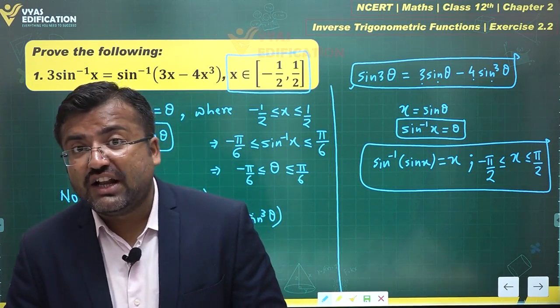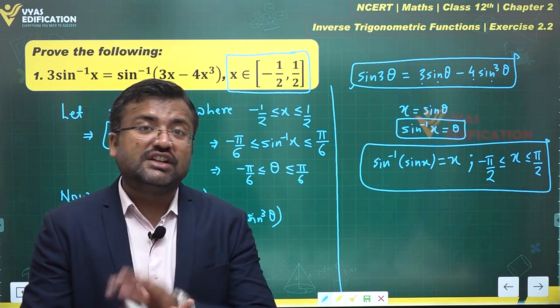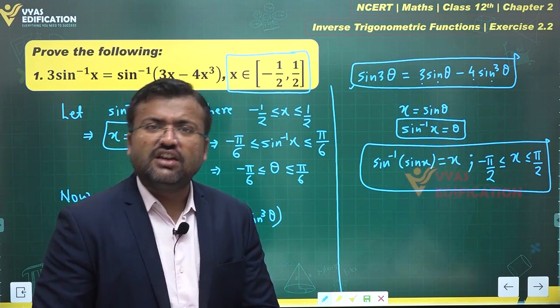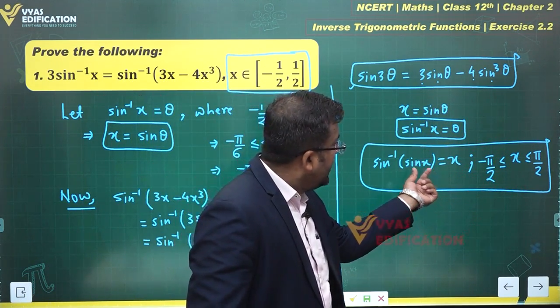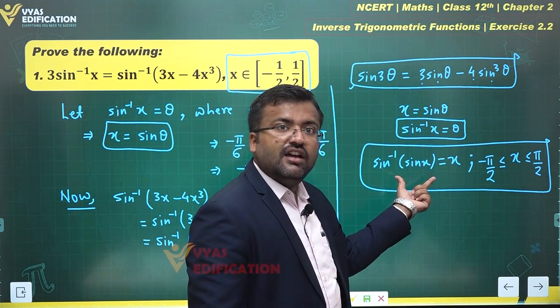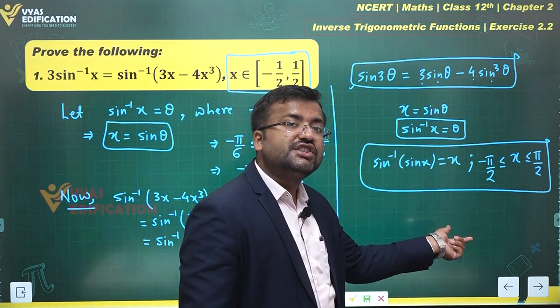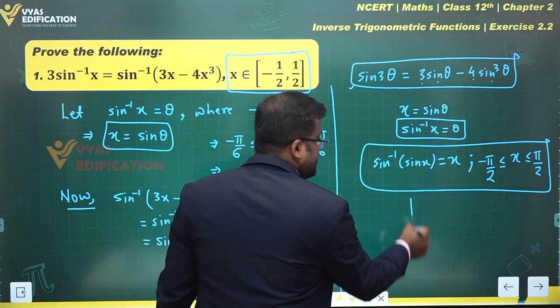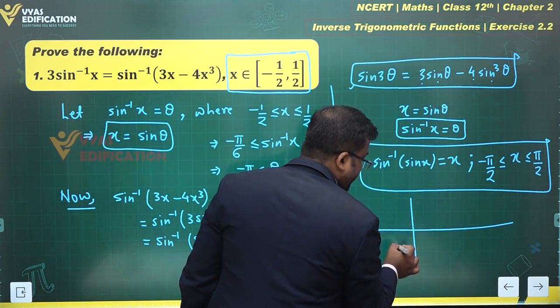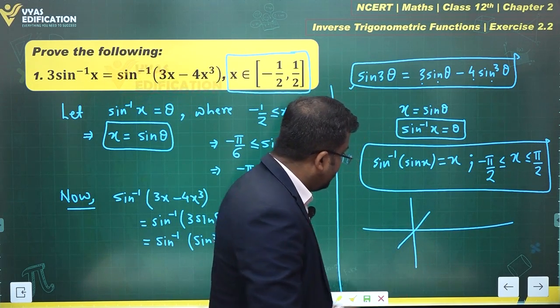If x does not lie in this interval, then some of you may recall something you have studied while preparing for the JEE or somewhere else, that this expression, sine inverse sine x, has a periodic graph, and different definitions can be found in different intervals. I'm just giving a glimpse of that kind of graph. For minus pi by 2 to pi by 2, this is the graph.